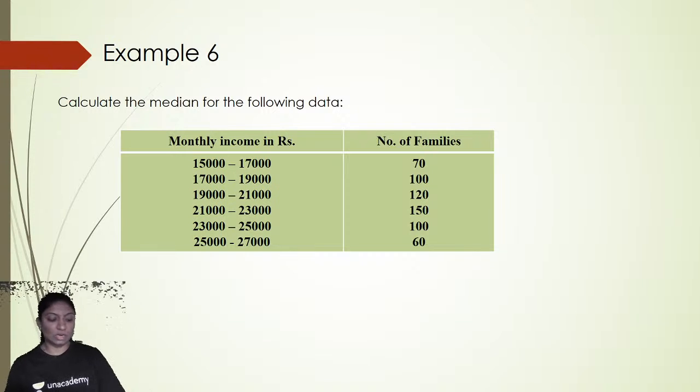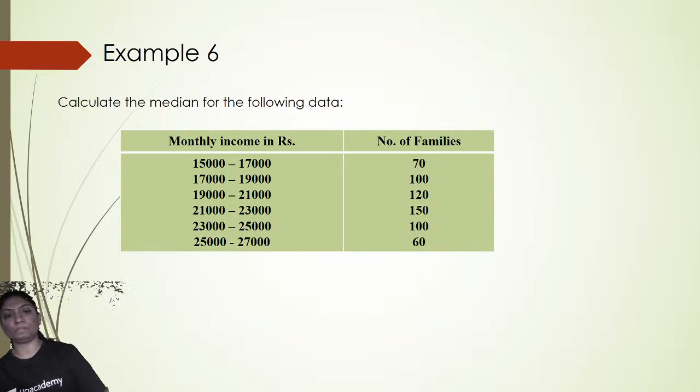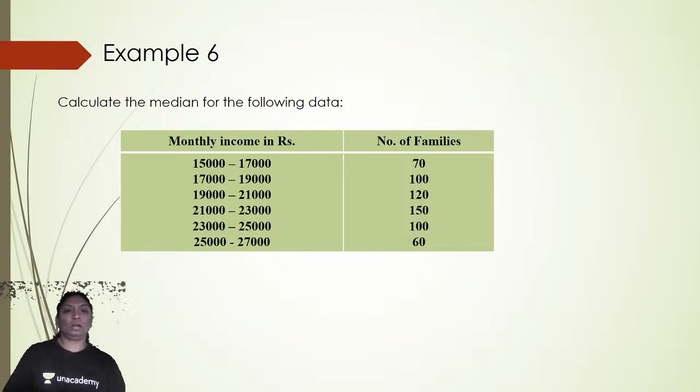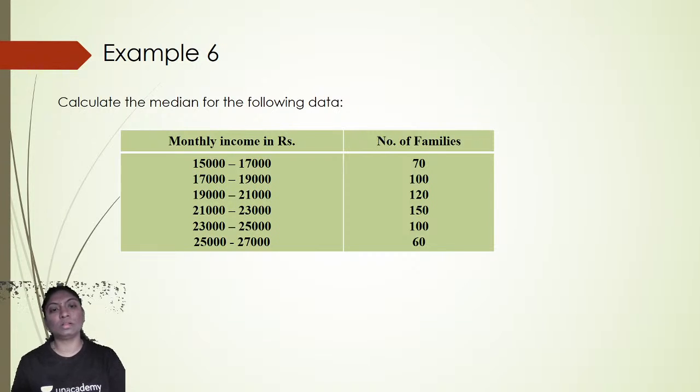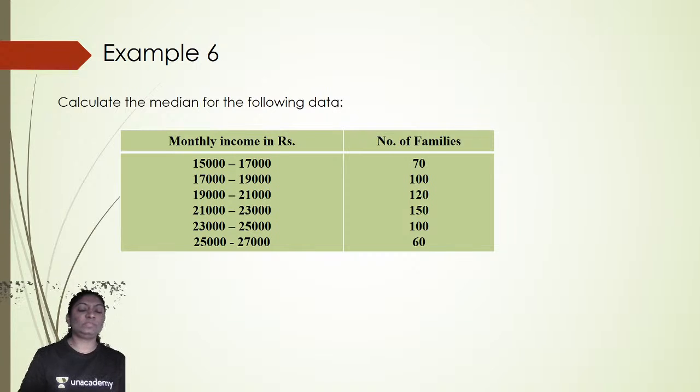So the total family monthly income is given for this number of families. Now we have to calculate the median income of the family. For that we will calculate the CF, cumulative frequency.